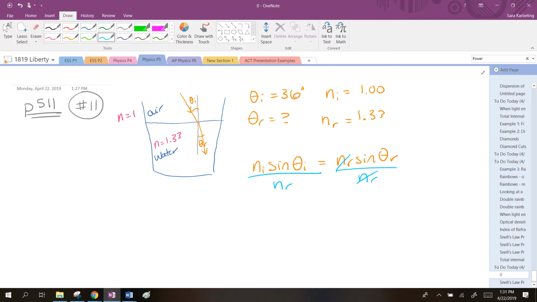And now I've got sine theta R, but I don't want sine theta R. I just want theta R. How do I get theta R all by itself? Undo the sine, right? Inverse sine. So I'm going to have the sine inverse of Ni sine theta I over Nr is equal to theta R.